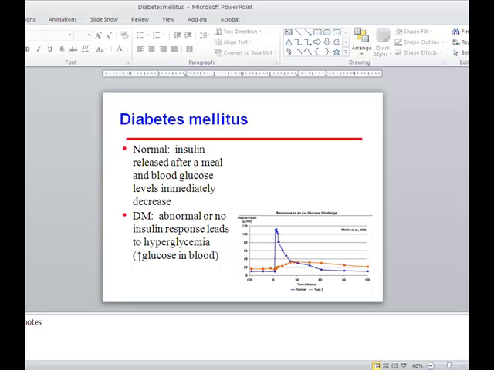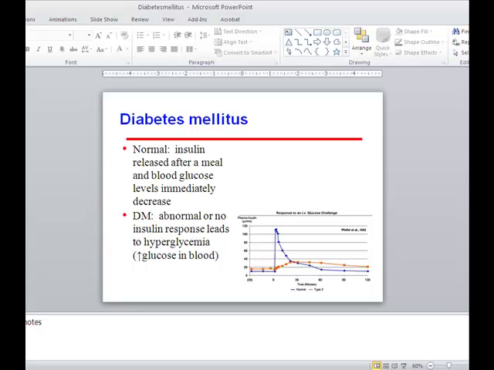Normally, there is increased insulin secretion after a meal. So that is in response to the increased glucose in the blood after a meal. So following a meal that's rich in carbohydrates, you have an increase in blood glucose, and the increase in blood glucose leads to increased release of insulin, which then tapers down over time as the insulin moves all the glucose into the cells.